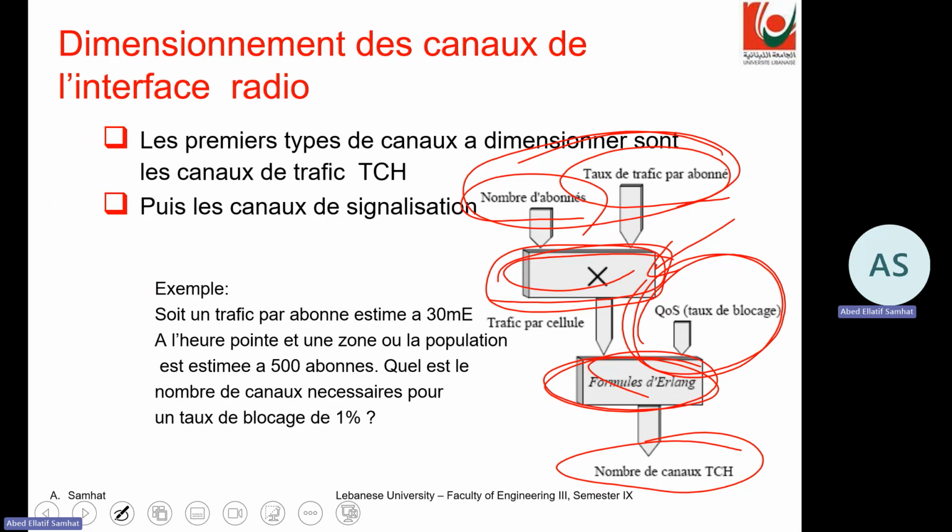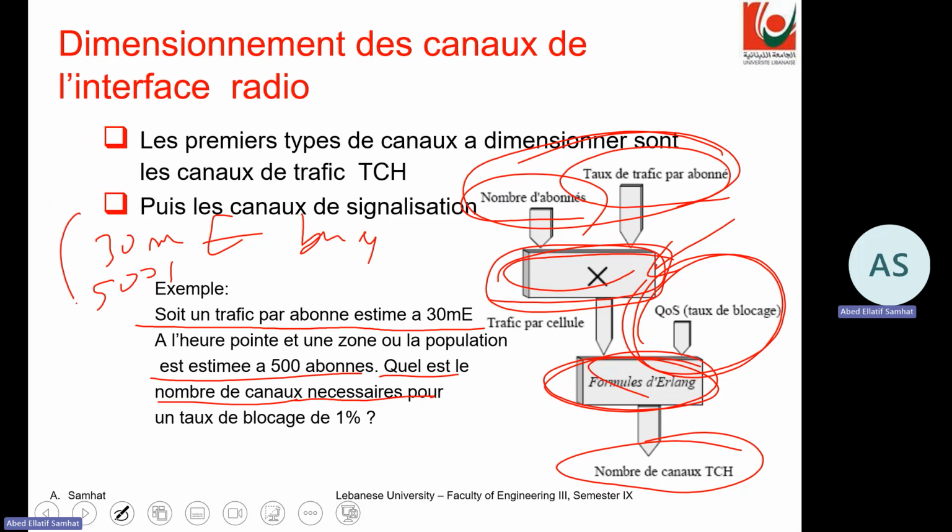So let's give you a simple example. You have, for example, a traffic per subscriber of around 30 milli Erlang, okay, which is at busy hour. We are always working at busy hour. And we have a population estimated at 500 subscribers. So what's the required number of channels to support this traffic?